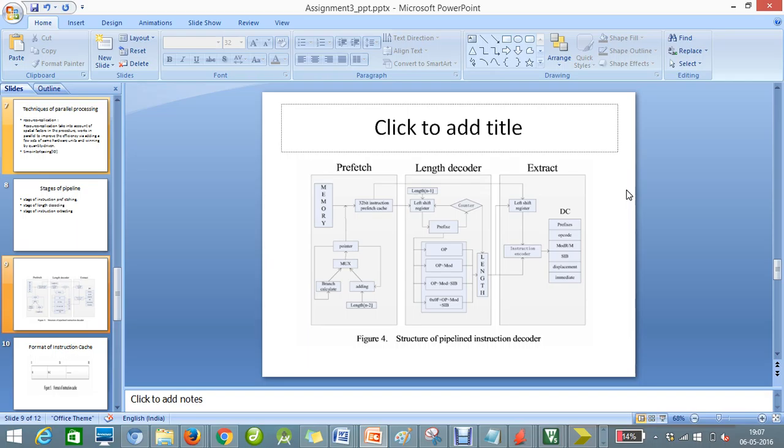As I showed, the first part is called prefetch, also called instruction prefetching. This instruction prefetch cheaply obtains the instruction flow from the memory system correctly and continuously, and generates the instruction address. It is made up of an instruction cache and the generation of the instruction address.